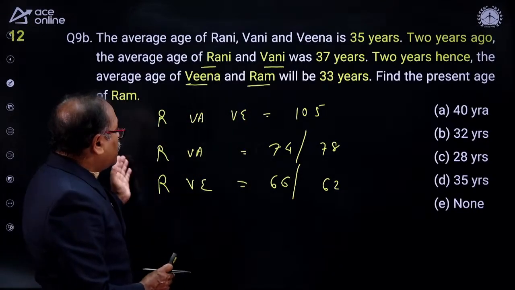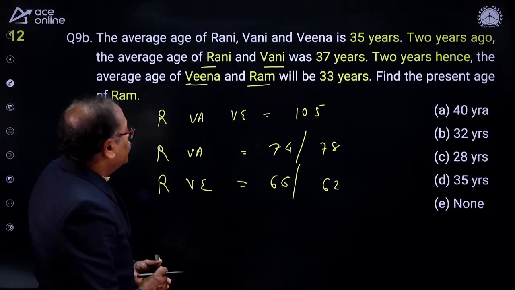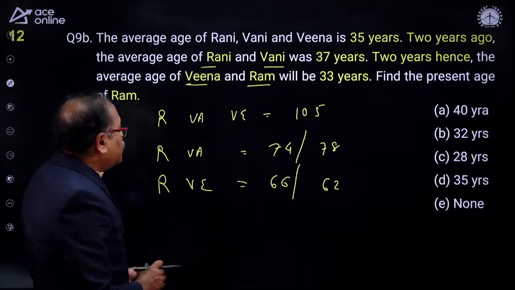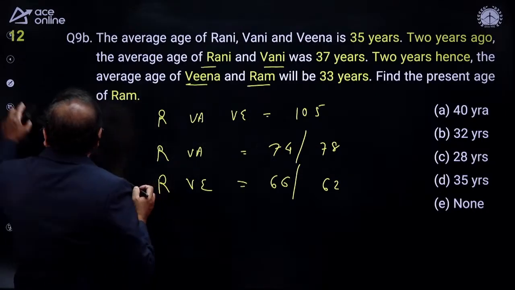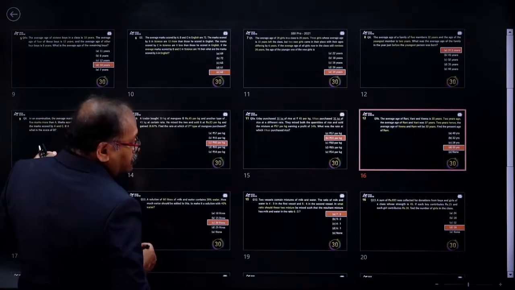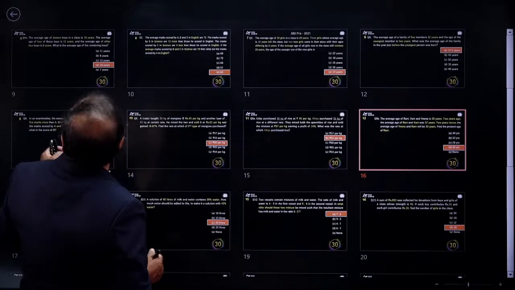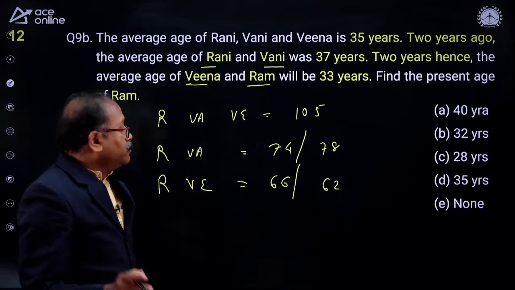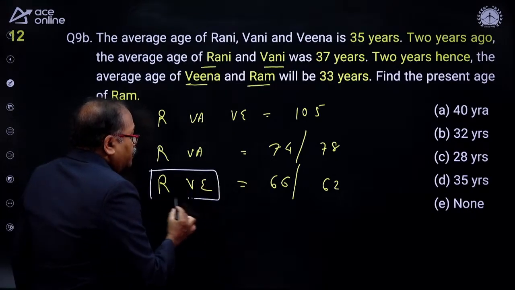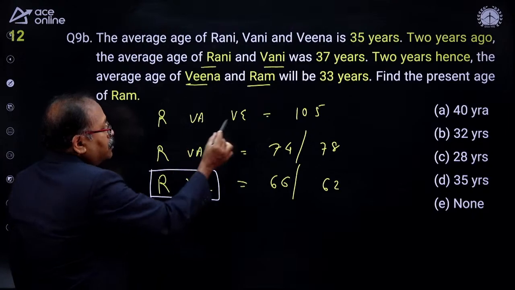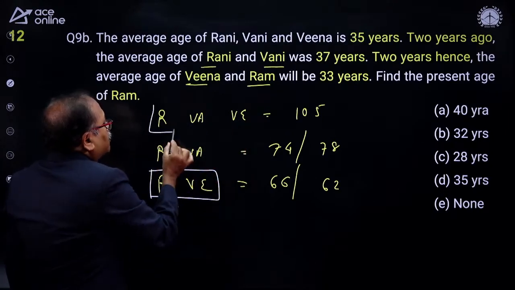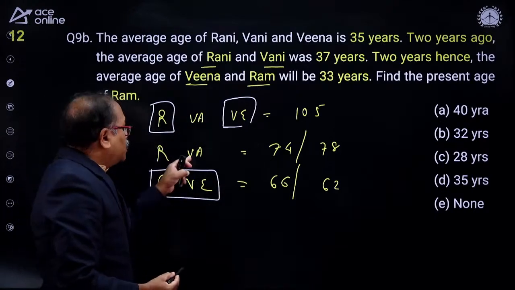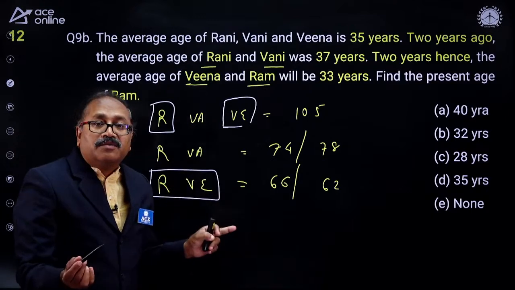Then I need to get the age of Ram. Look at the equation over here. If I replace this, the R and VE, I will get VA, Vani, and replacing the Vani age over here, I will get the Ram age.